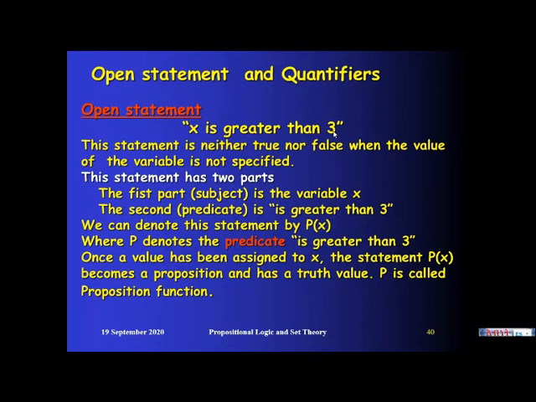So such sentences are called open statements. By the way, students, why do we say open? As the name indicates, such sentences have a chance to be opened, so that we can change an open statement into a statement. The chance is open.